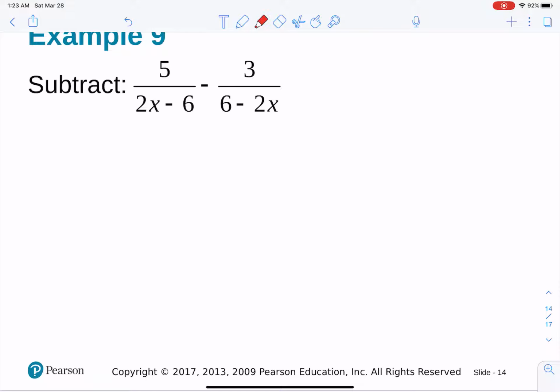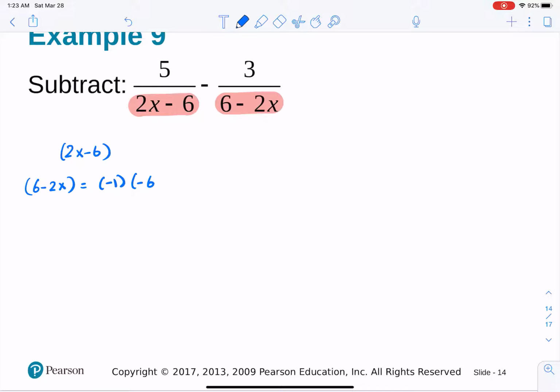So if you notice here, 2x minus 6 and 6 minus 2x are in opposing orders. So I could write 2x minus 6 as is, and 6 minus 2x is simply negative 1. If I pull negative 1 out of 6, I have negative 6.